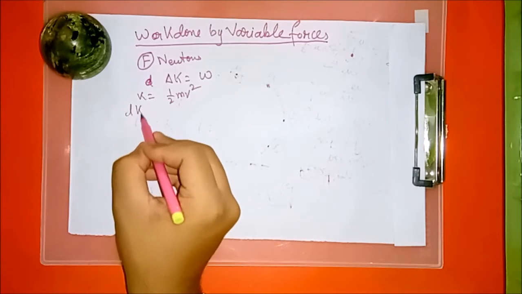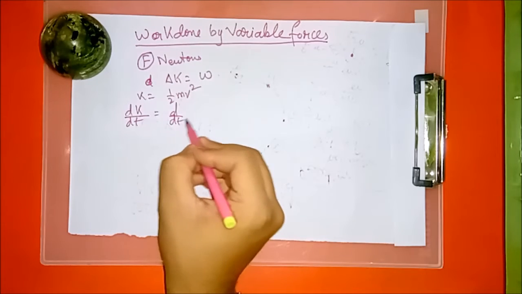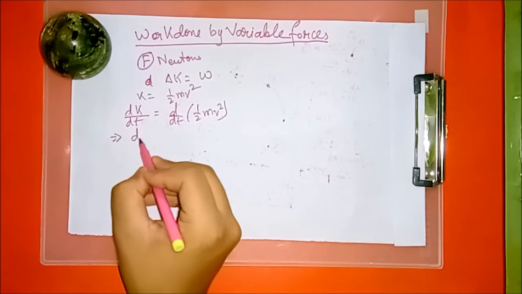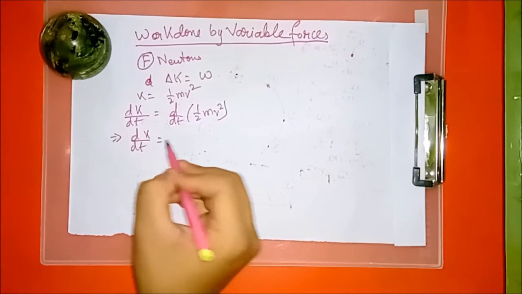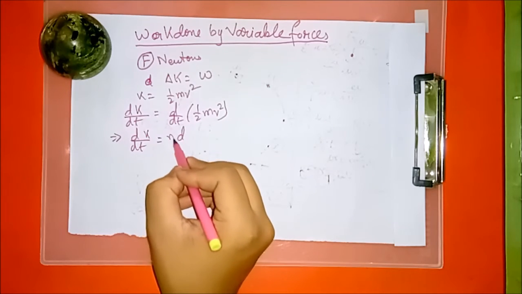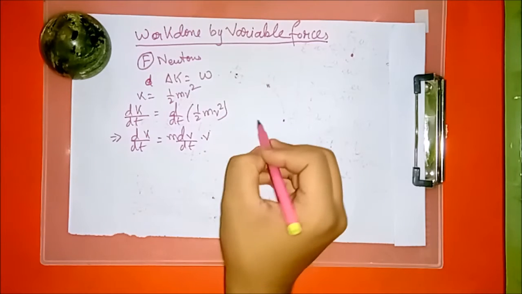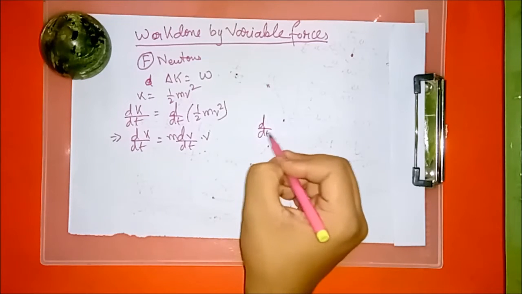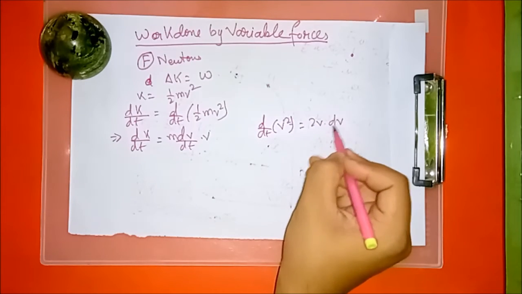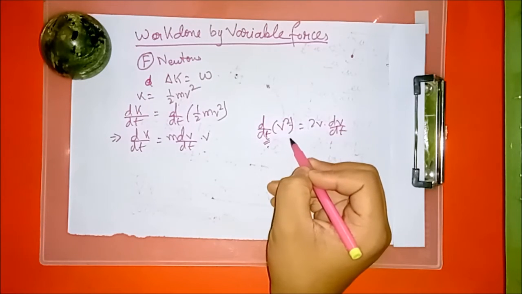We get dK/dt is equals to d/dt of half mv square, which will be equals to m, which will be coming out as a constant, and dv/dt into v, as we know that d/dt of v square is equals to 2v into dv/dt, as it is differentiated with respect to t, with the constant over here and the variable here being v.